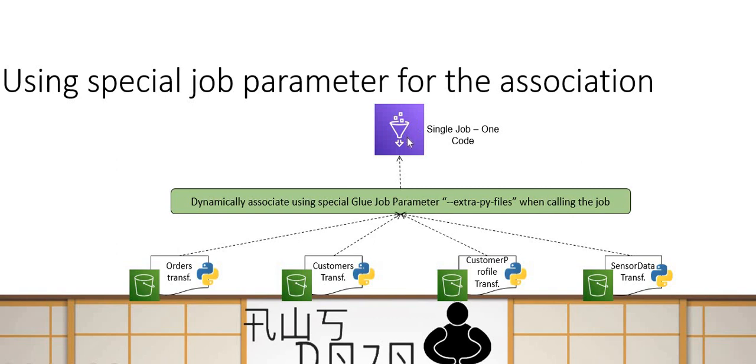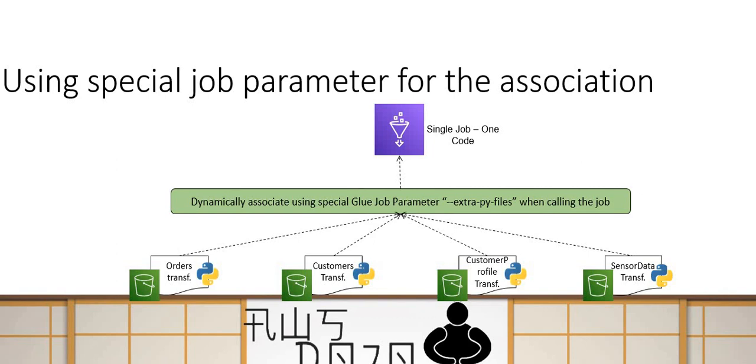So the Glue job will run transformation based on this code. Similarly, if it is ingesting data for customers, the customer's transformation will be associated with the Glue job, and that way the Glue job can run transformation for the customer table, and so for the other two tables. So you can use Glue job special parameters to dynamically attach this transformation code to the Glue job, and a single, uniform code can take care of multiple transformations across individual tables.